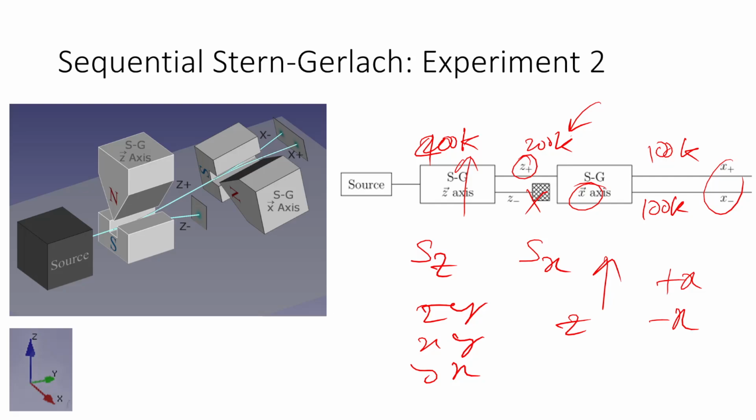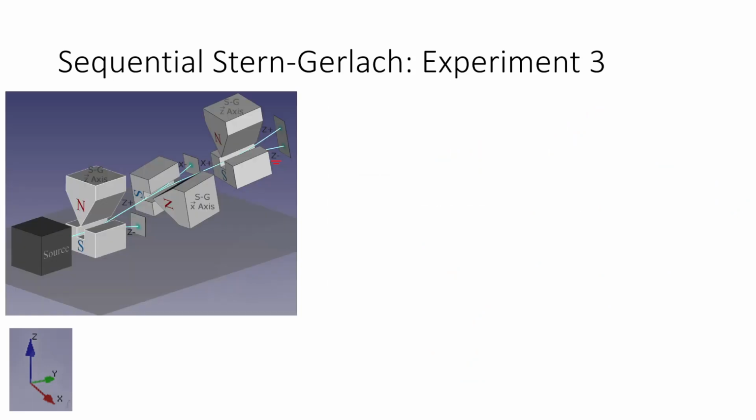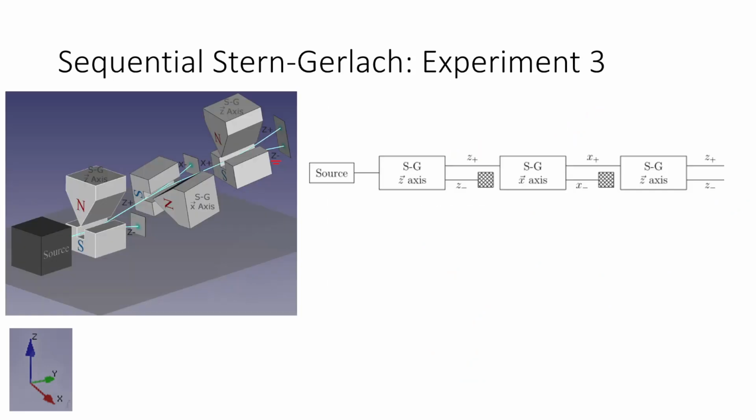And now we'll do another weird experiment. We now have three devices. We send the atoms through the Stern-Gerlach device which measures the spin along the z-axis, and then block the spin down particles. Then we send them through the Stern-Gerlach device which measures the spin along the x-axis, and then we block the particles which point along the negative x-axis, and only the spin right particles pass through.